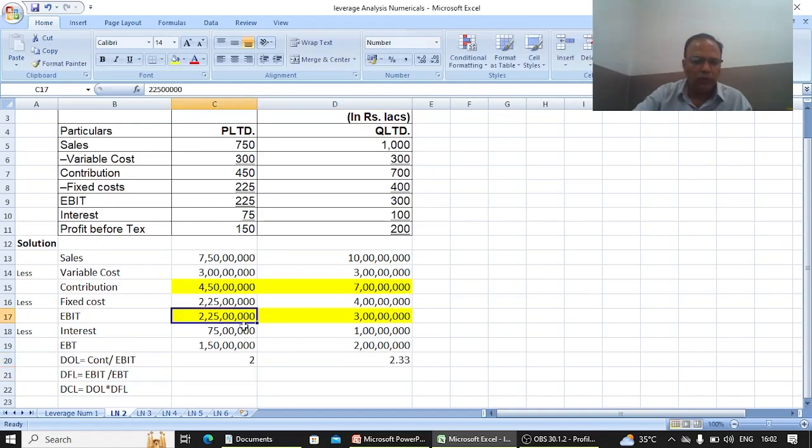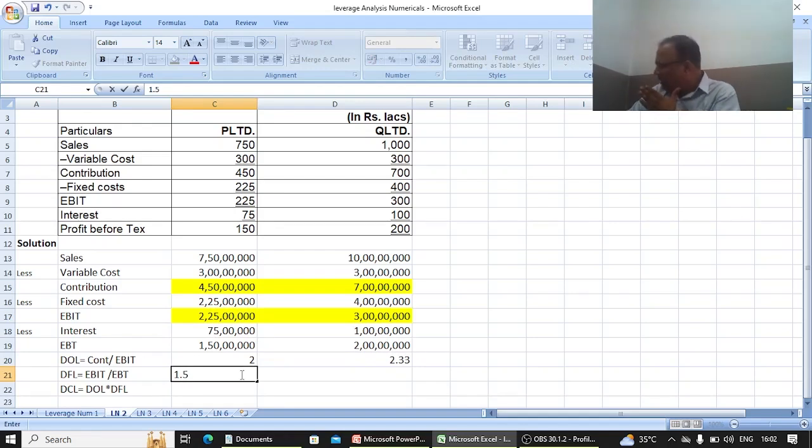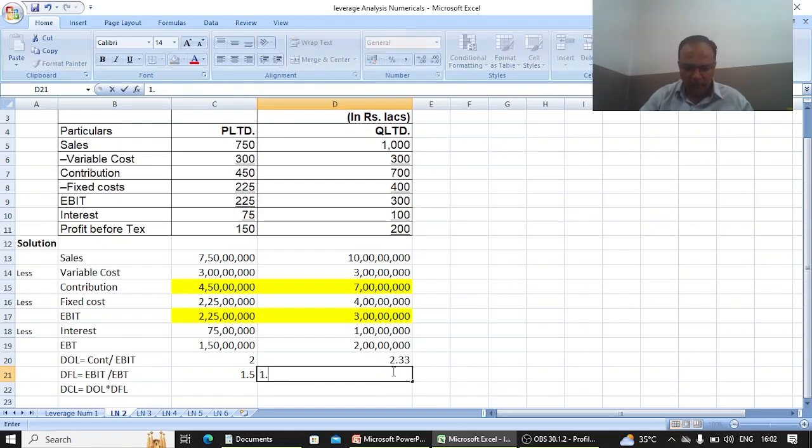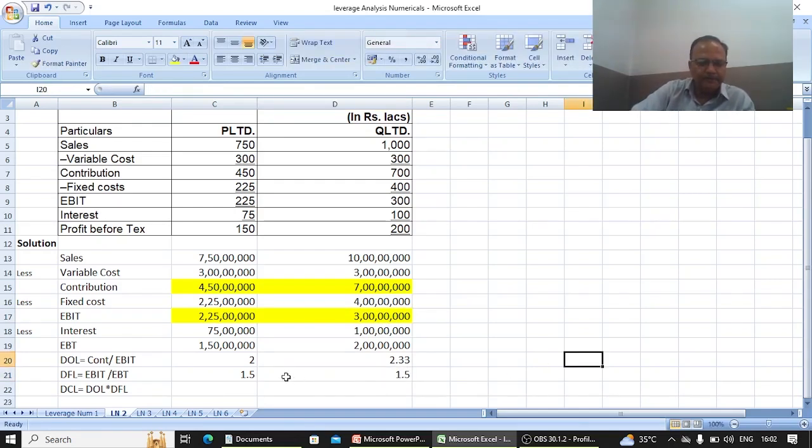Now 225 divided by 150 will be 1.5. Again 3 divided by 2 will be 1.5. Now you have to find out degree of combined leverage.